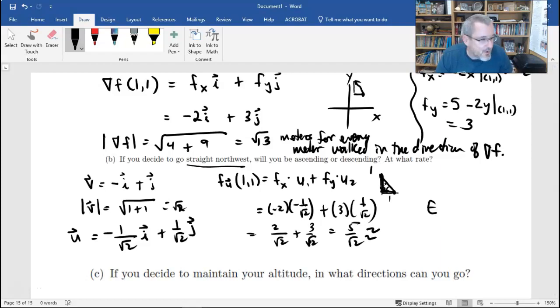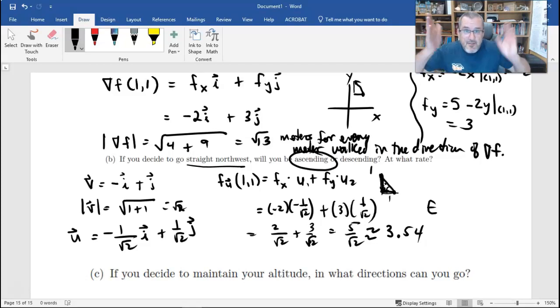According to my work, you can check my computations here, but I get 3.54. So if you go in the direction of straight northwest, your rate of ascent will first of all be ascending. You know how I know? Positive. You're going to ascend 3.54 meters for every meter that you walk relative to the horizontal. Now the square root of 13, now I'm curious.